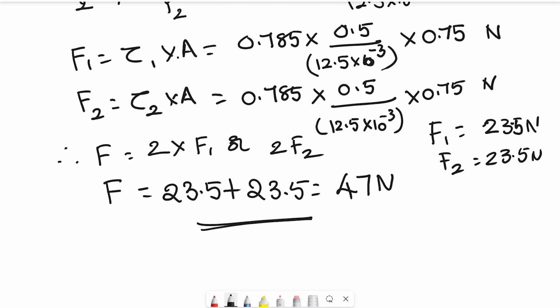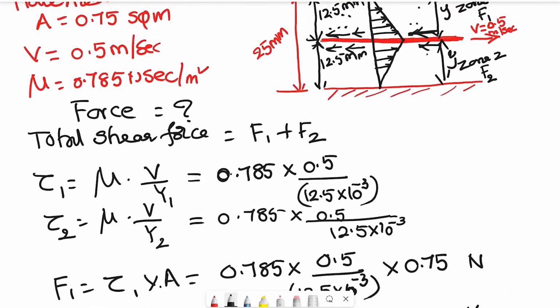Wonderful question. In this question, there may be a little twist in the exam. Instead of keeping the plate at the center, they can keep it at, for example, 10 mm from the upper plate. In that case, y1 becomes 10 mm, and y2 becomes 25 minus 10, which is 15 mm.